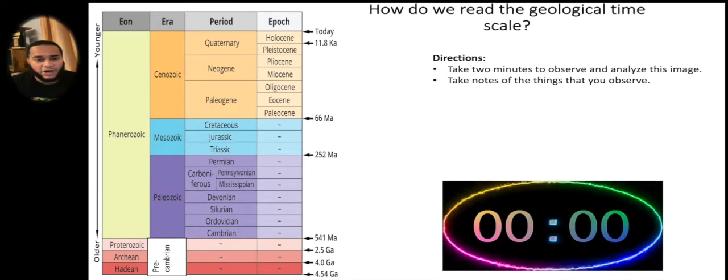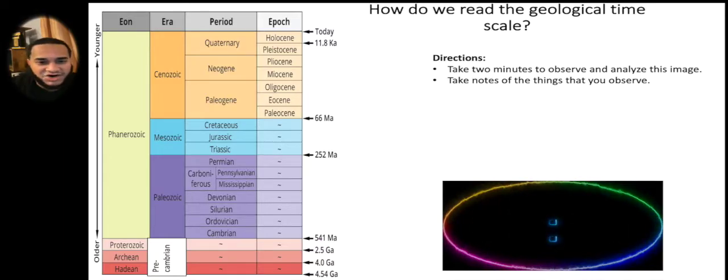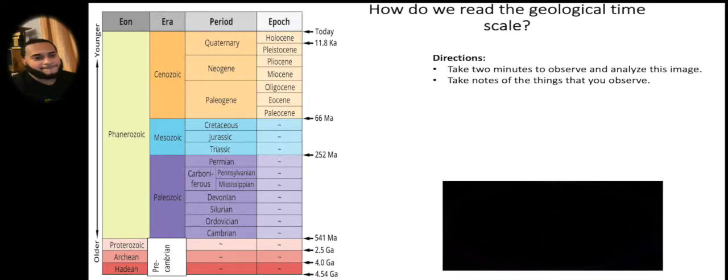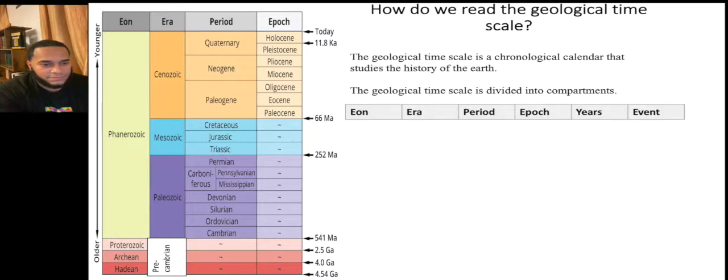Time is up, and I hope you came up with some good observations. Now, how do we read the geological timescale? The geological timescale is divided into compartments, which are the eon, as you can see here, the era, the period, the epoch, and the years, as well as the events.